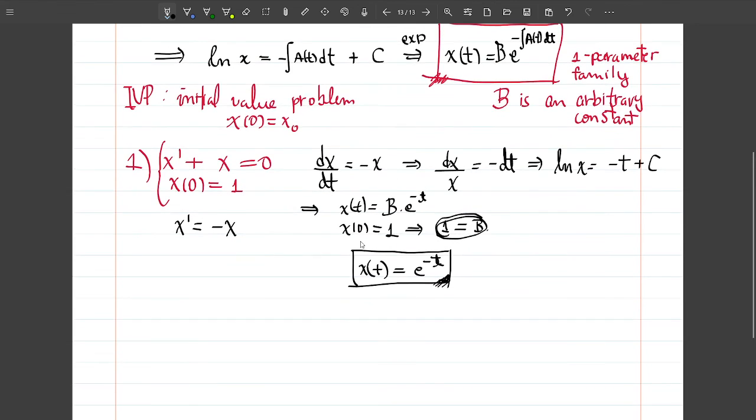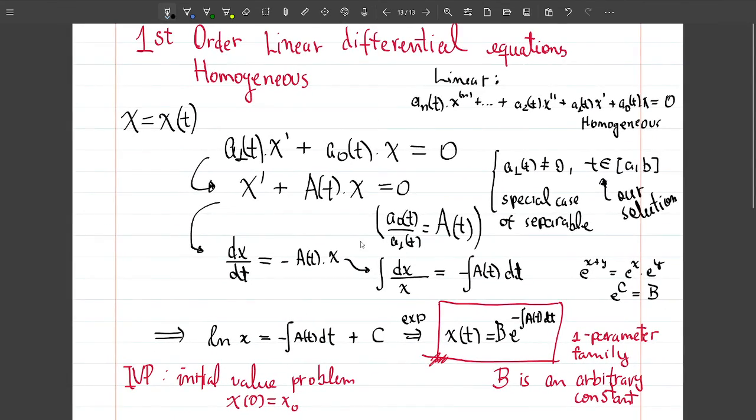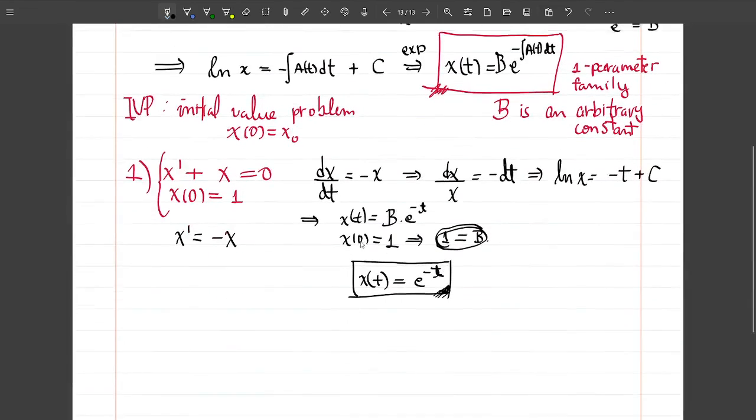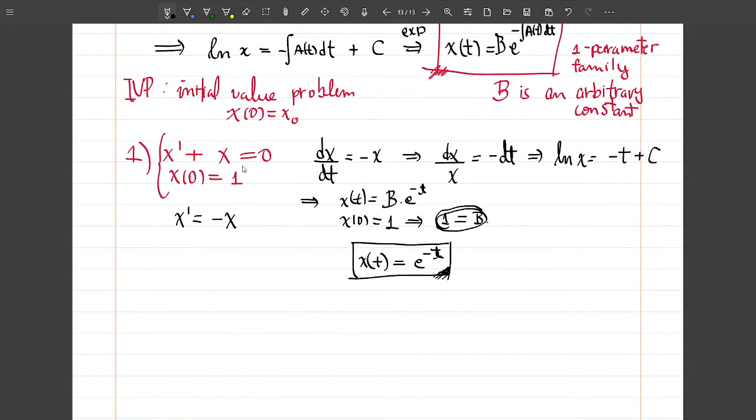I guess there are no hard problems of first order homogeneous equations, as we see. Other examples I could put here would be just as easy as well, and we must finish our video.